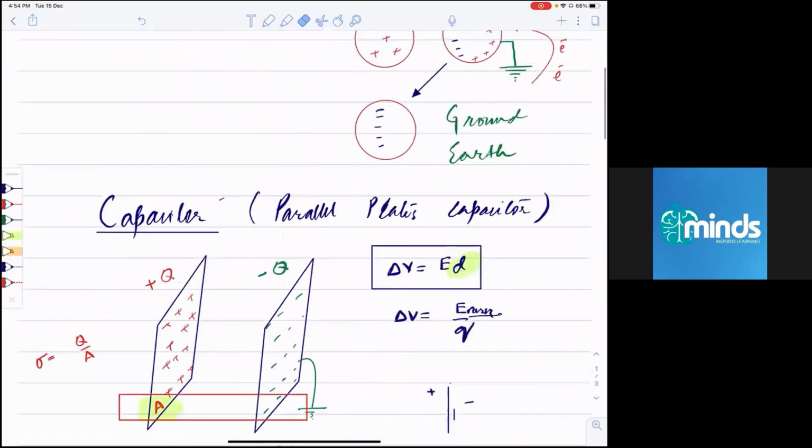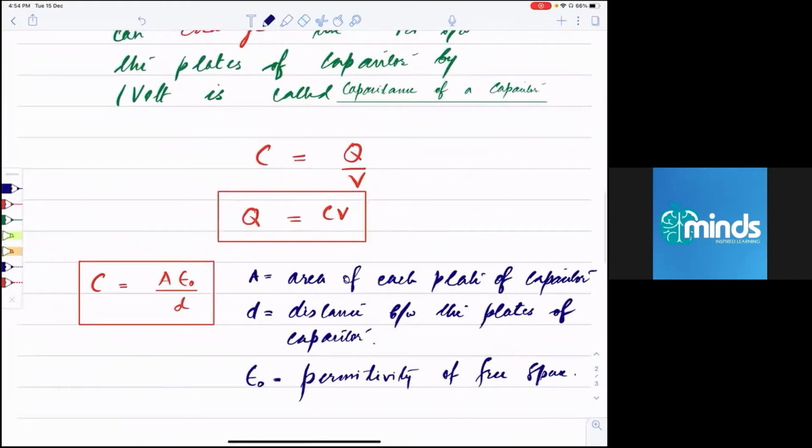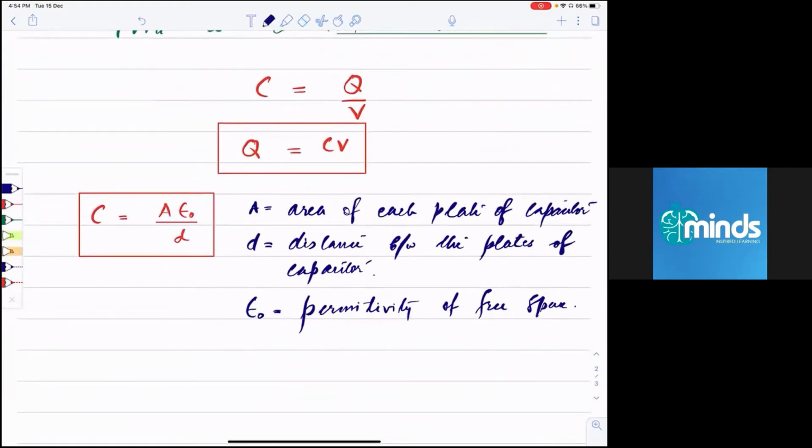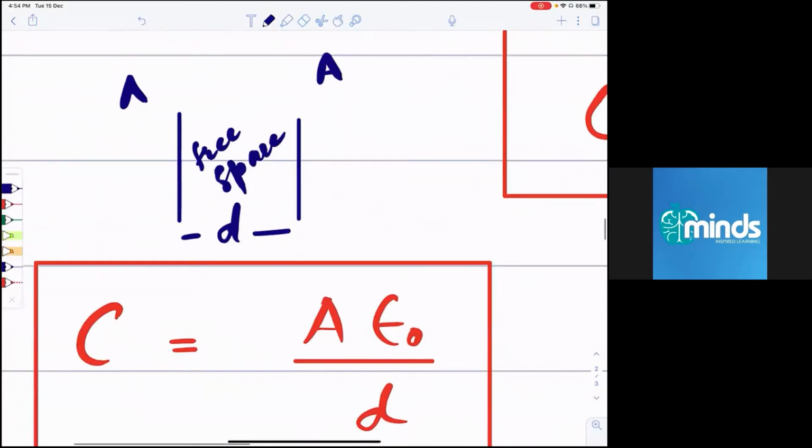What we usually do is put something between the plates of a capacitor. See this capacitor, for which I have written this equation, where we have two plates. The area of each plate is A, the distance between the plates is D, and between the two plates we have free space.